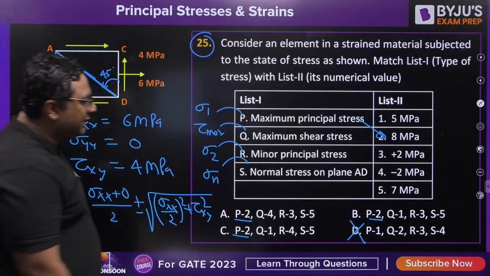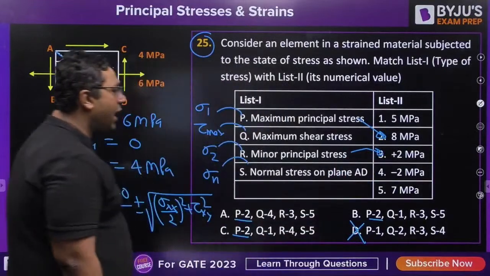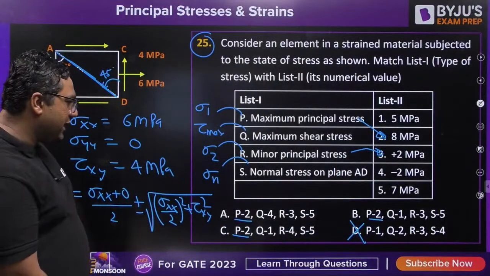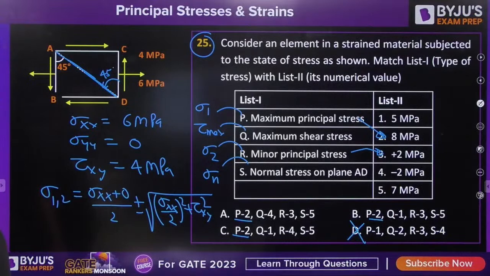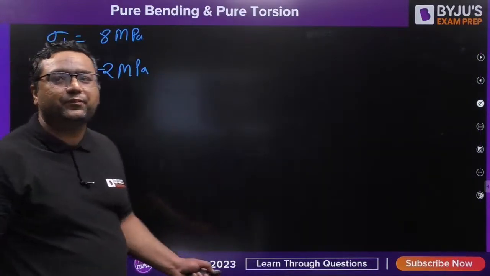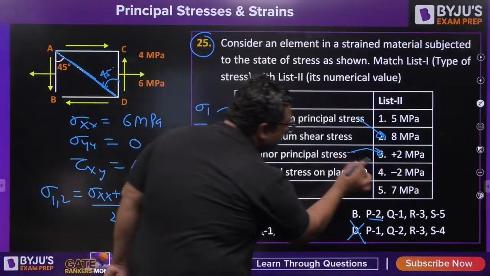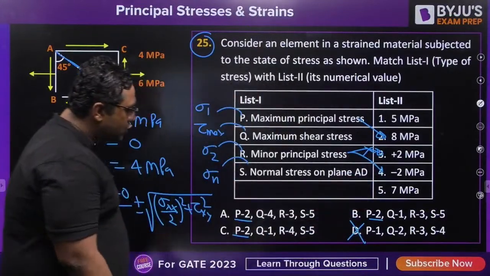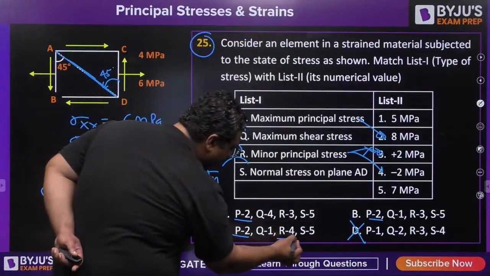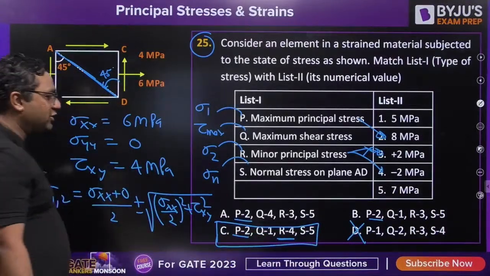Then you will see, my dear, this is going to match with this. So R with 3 or R with 4? Plus 3 or minus 2? It is minus 2 actually. Minus 2. Yes. So when you are getting minus 2, my dear, so R will be matched with the 4, not with the 3. So R with the 3 is there in A, R with the 4 is there here. I feel me and Bhavya have made the same mistake. So answer is C, not A.